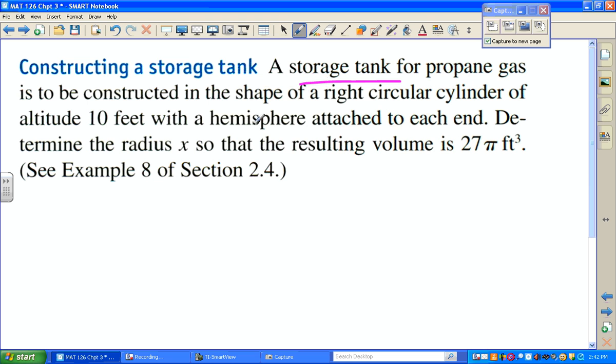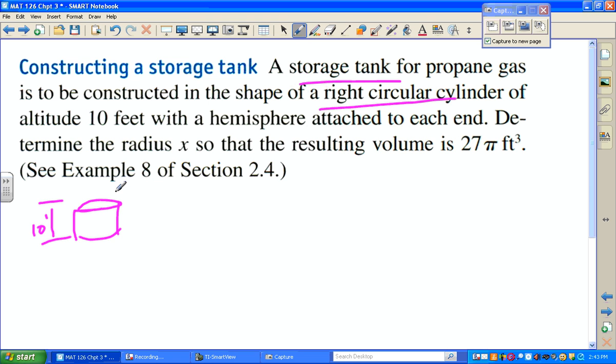Story saying, 2 more to do. Ready? To be constructed in the shape of, what is a right circular cylinder? Yeah, it's a cylinder. It stands up tall. Okay? Right circular means it's not slanted. And this one, it says it has an altitude of 10 feet. And then it says, with a hemisphere attached to each end of it.